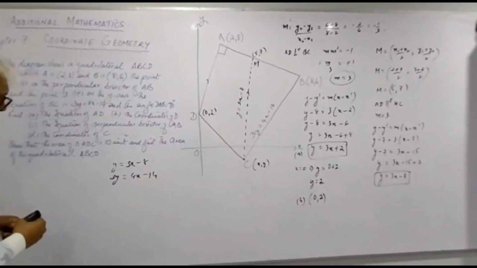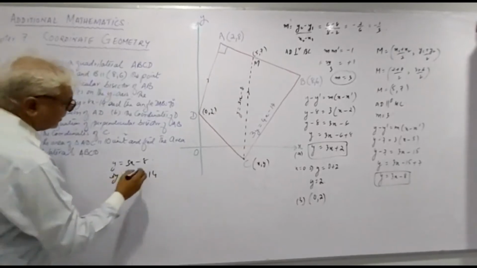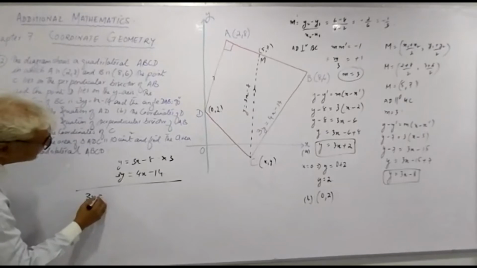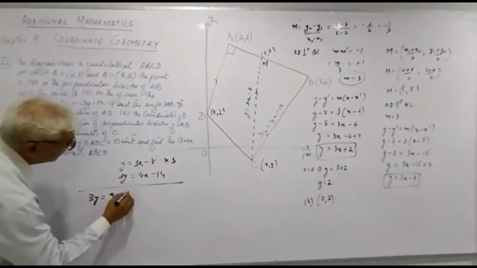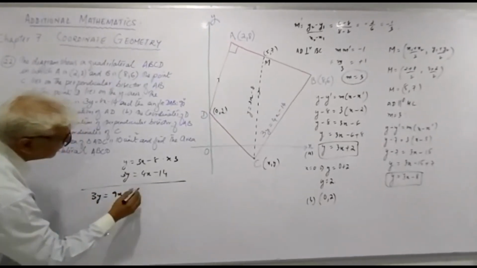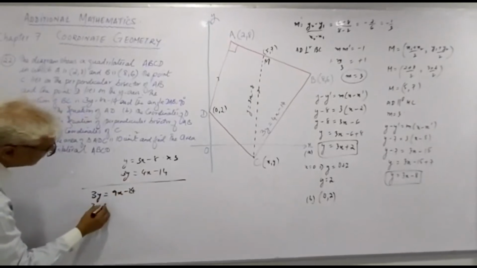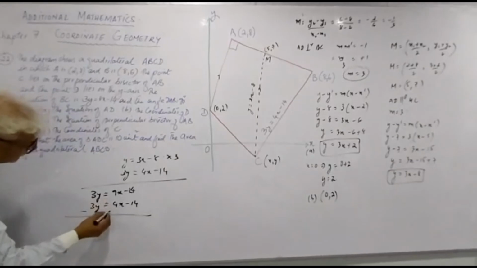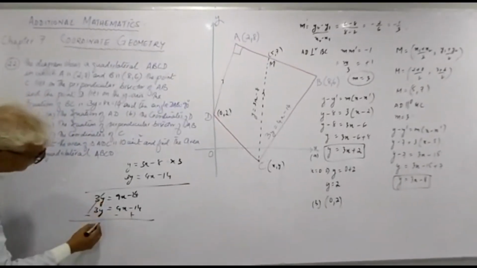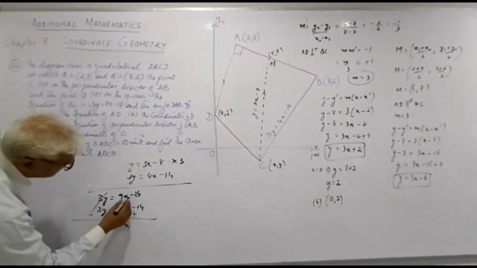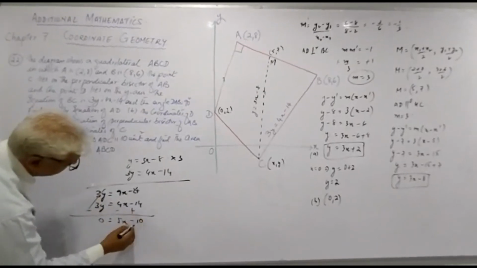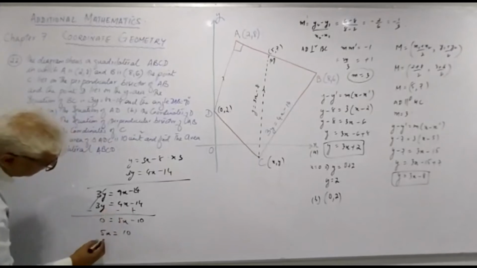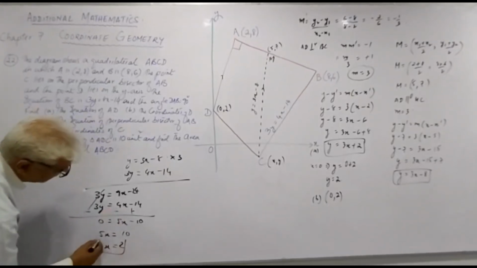Now let's multiply the first equation by 3. So we get 3y = 9x - 24, and 3y = 4x - 14. Now when you equate this, 3y will cancel out. So you're left with 5x, and this will give you -10, or you can say 5x = 10 and x = 2. So x is equal to 2.